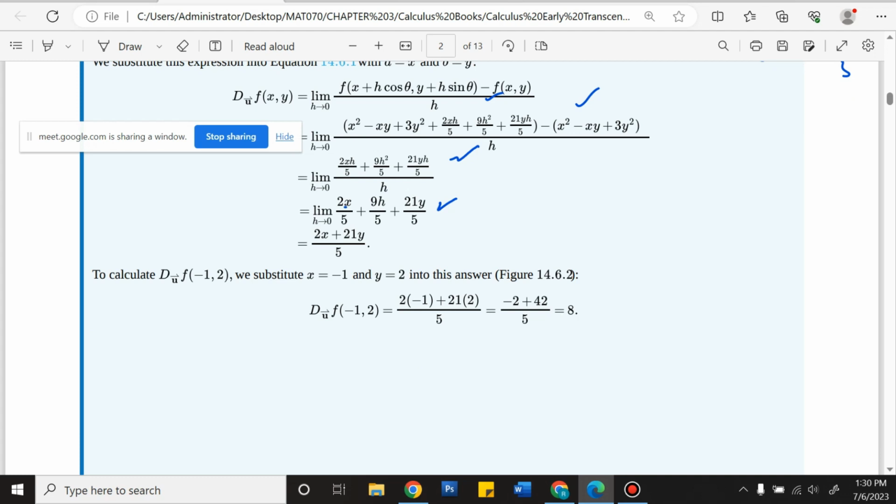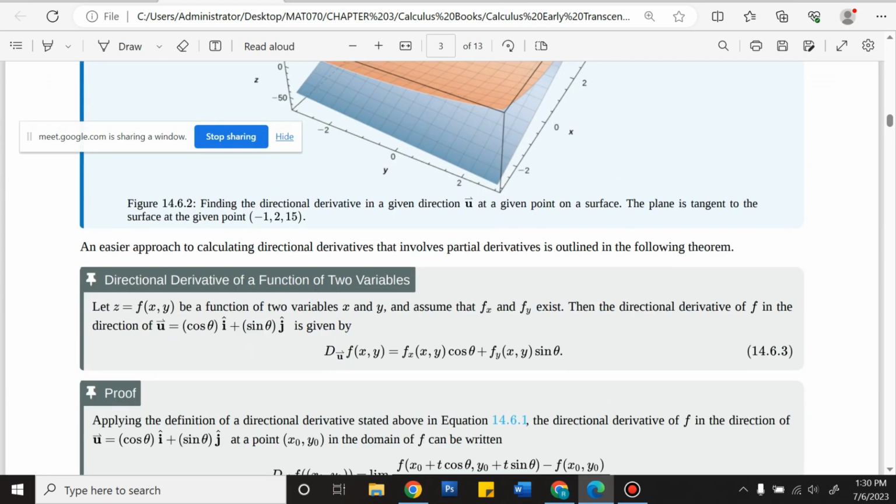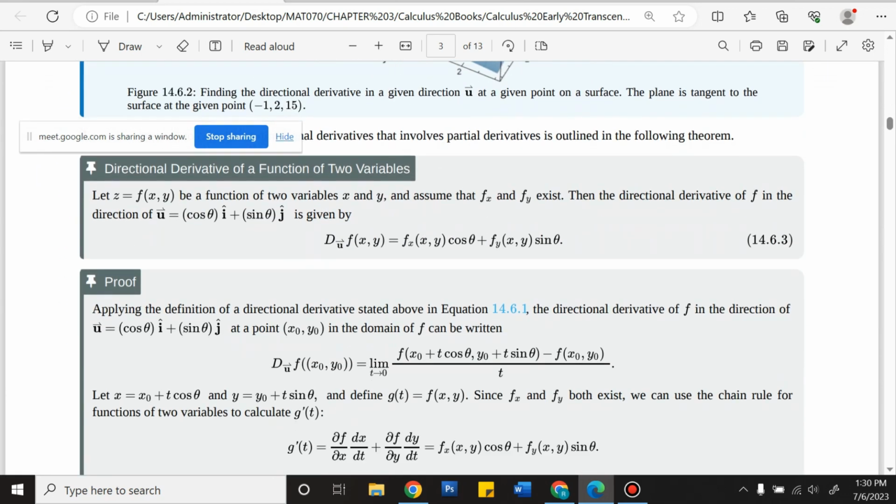So, the directional derivative is equal to this. Now, take note class that what is above is actually your derivative formula. That is why the formula you used last semester, we have the derivative of f with respect to x and the derivative of f with respect to y.